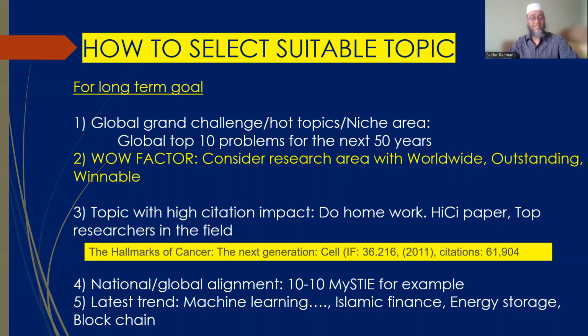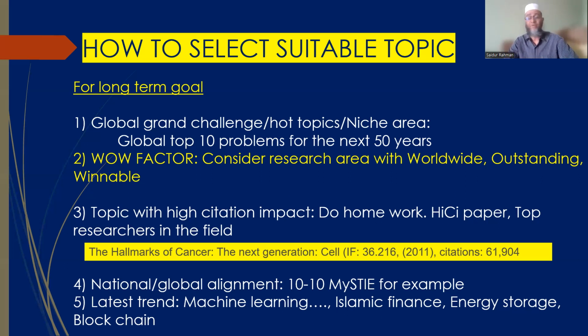As you can see, the research topic has a strong impact on citation impact. One very good example I have provided here: the paper Hallmarks of Cancer, published in Cell in 2011, which is cited almost 62,000 times. Only a single paper, whereas my lifelong citation count is close to 52,000, for the last 25 years.